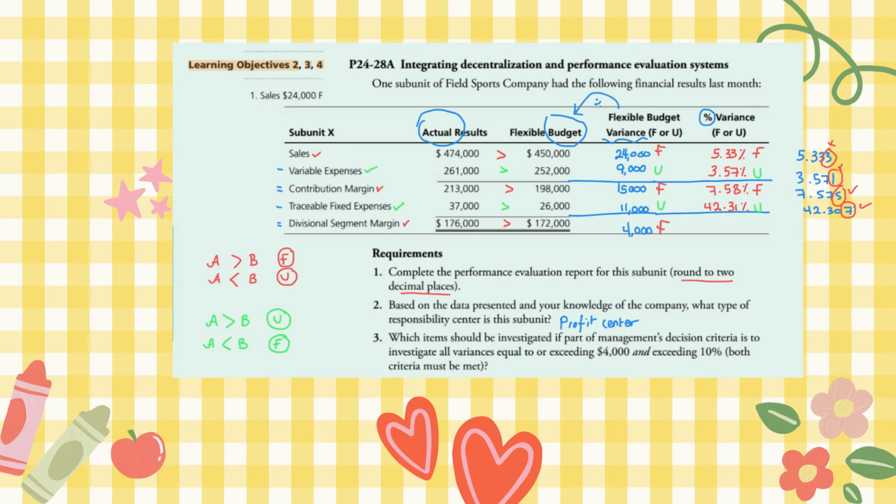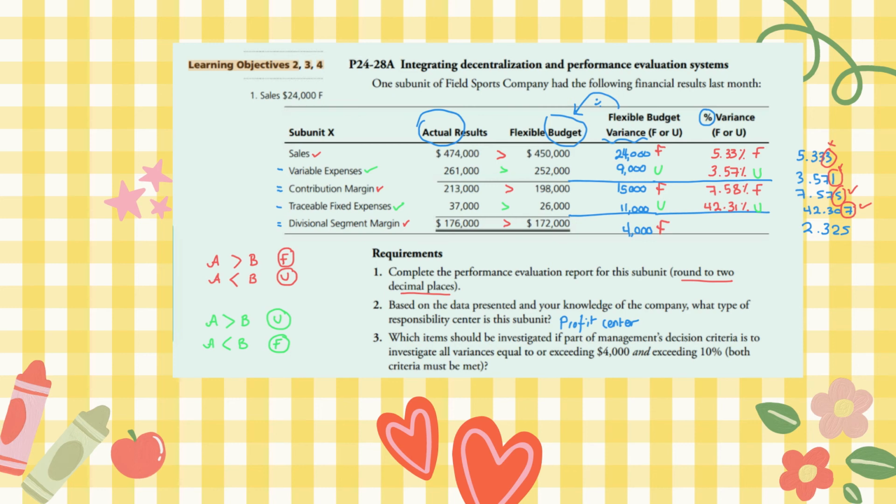Last one. Segment margin, I'm gonna divide 4,000 by 172. Then I need to multiply my answer with 100 to get the percentage. So the answer is 2.325.